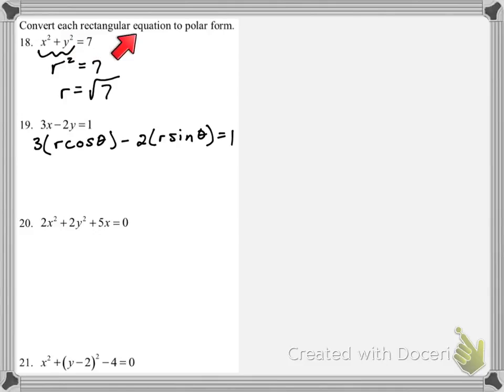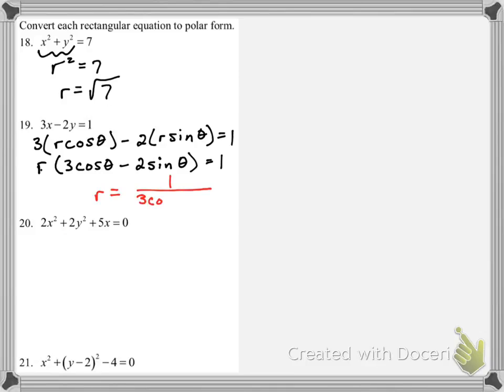Because we're trying to convert this to polar form, which means we need to get rid of x's and y's and input r's and thetas. All right, so we can actually factor an r out of both of these, which leaves us with r times 3 cosine theta minus 2 sine theta equals 1. Therefore, r is equal to 1 divided by that parenthesis.